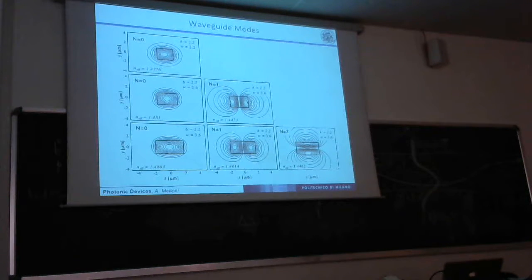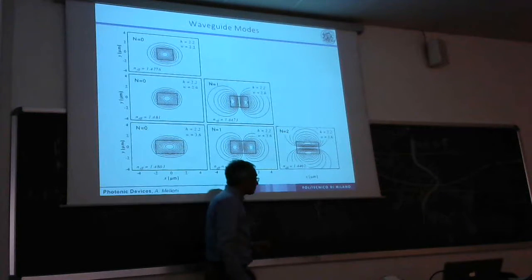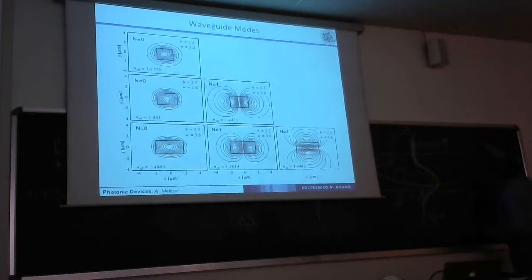If you increase the frequency or the index contrast or the dimension, you can also excite higher order modes, and at this point you can have two variations in the horizontal plane or in the vertical plane. At this point, people use two indices, so it's TE00, the first one, and then TE01 or TE10, depending on how many oscillations you have in the different directions.